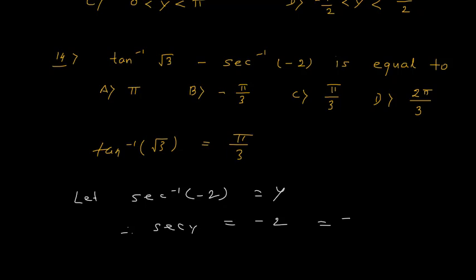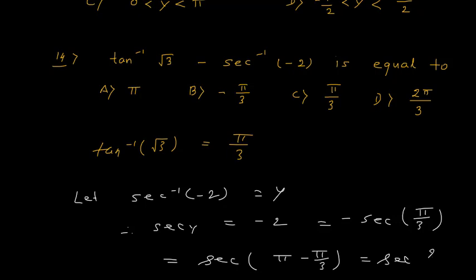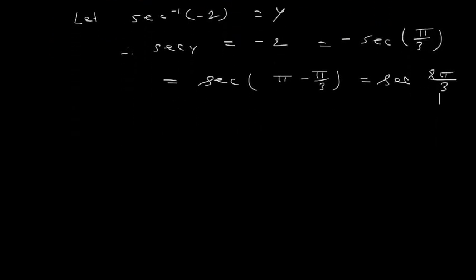So this will also be sec pi divided by 3, and minus is sec of pi minus pi by 3, which is sec of 2 pi by 3. So y is 2 pi by 3. Therefore sec inverse of minus 2 is 2 pi by 3.